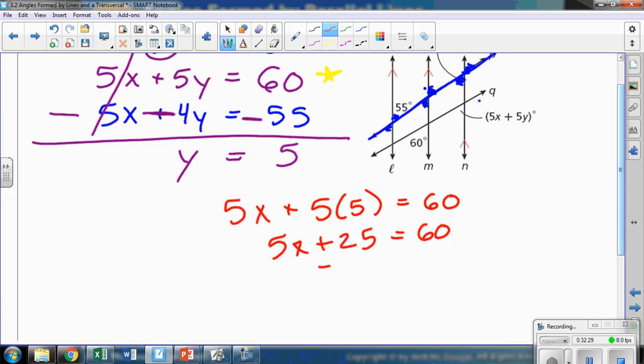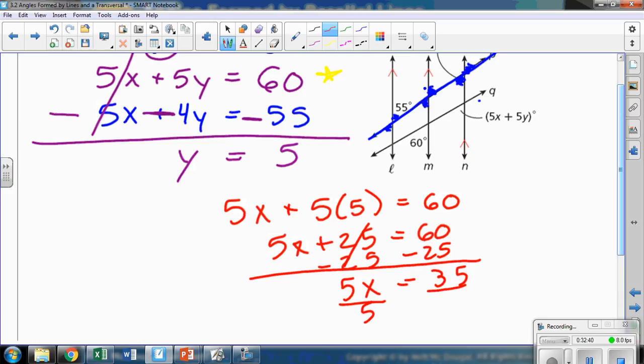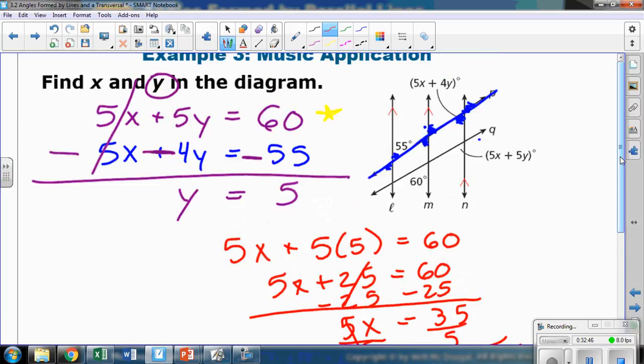We could subtract off 25. 5x is equal to 35. And dividing by 5, we get x is equal to 7, giving us the second thing that we were looking for. And finally, we are done.